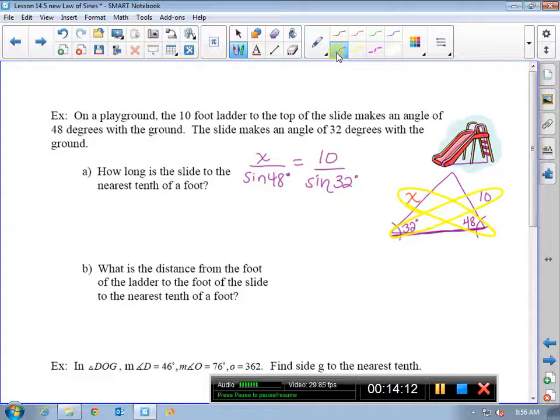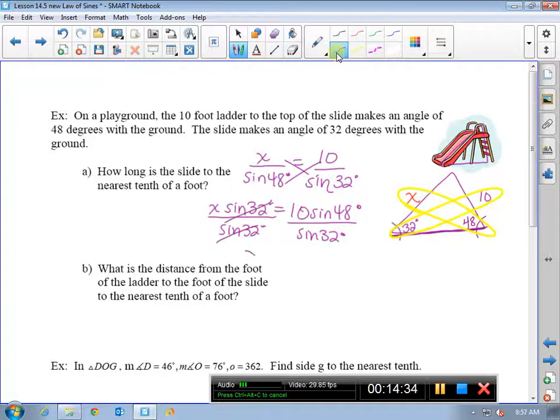Let's cross multiply and divide and solve. X times the sine of 32 equals 10 times the sine of 48. We're going to divide by the sine of 32 and get the length of the slide.